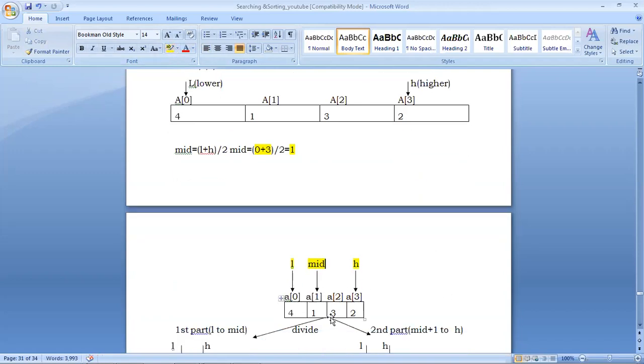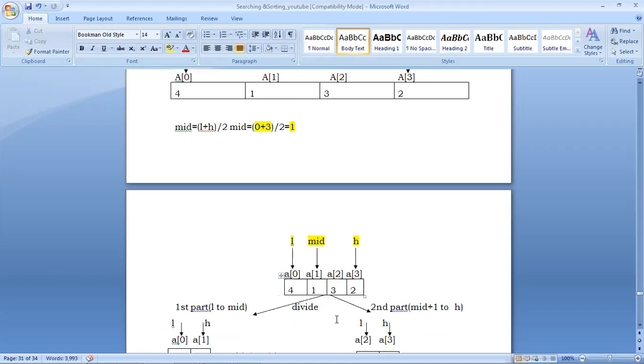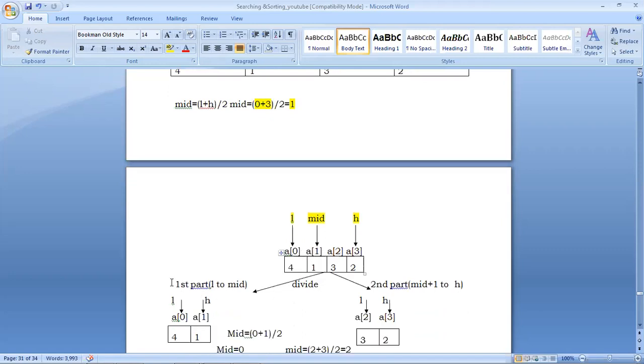Now according to the merge sort procedure, we have to divide this array into two parts. The first part is from L to mid, the second part is from mid plus 1 to H. What is the first part range from L to mid? L value is 0, mid value is 1. So from index 0 to 1 is the first part.